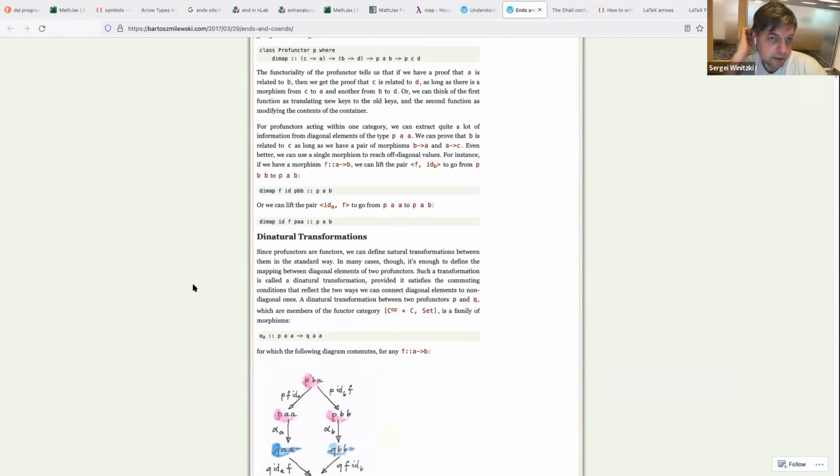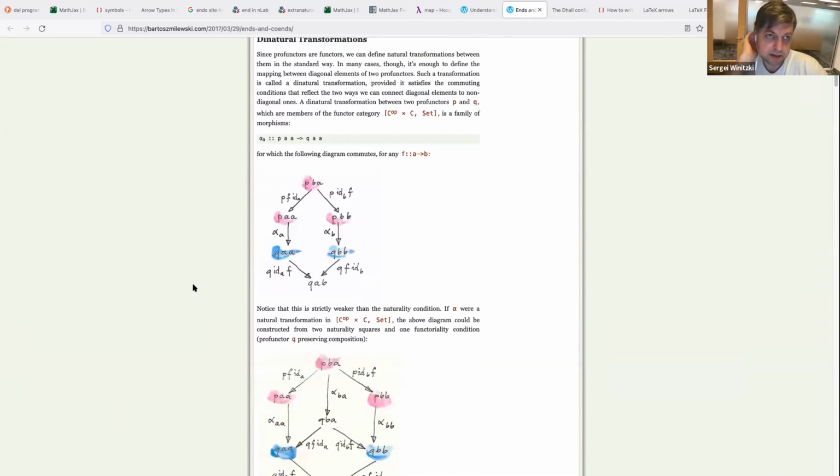And I know this because I have used this in some places in my book to derive naturality laws. And what I found is that dinaturality is weaker than relational parametricity would give you. So it is a consequence of relational parametricity, but it's weaker.